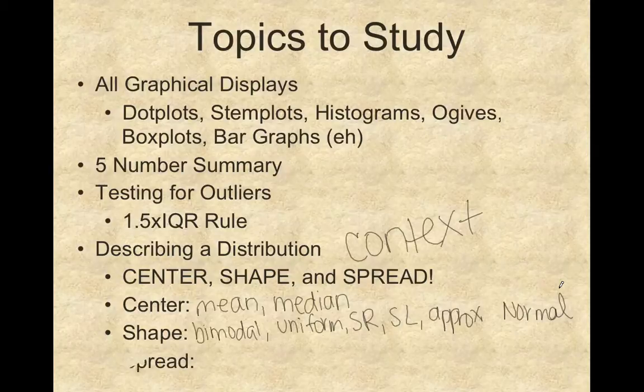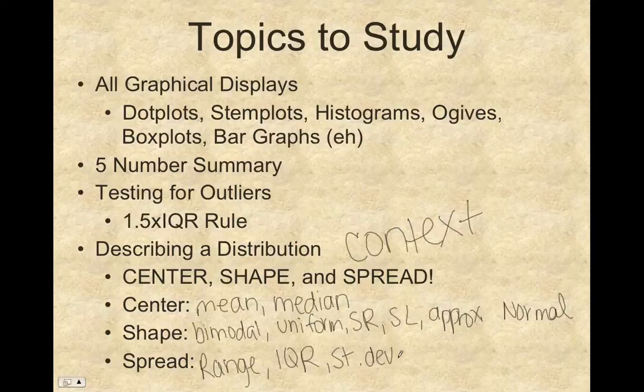And then our measures of spread were range, it's the easiest one, IQR, or interquartile range, standard deviation, and variance, which is just the standard deviation squared.